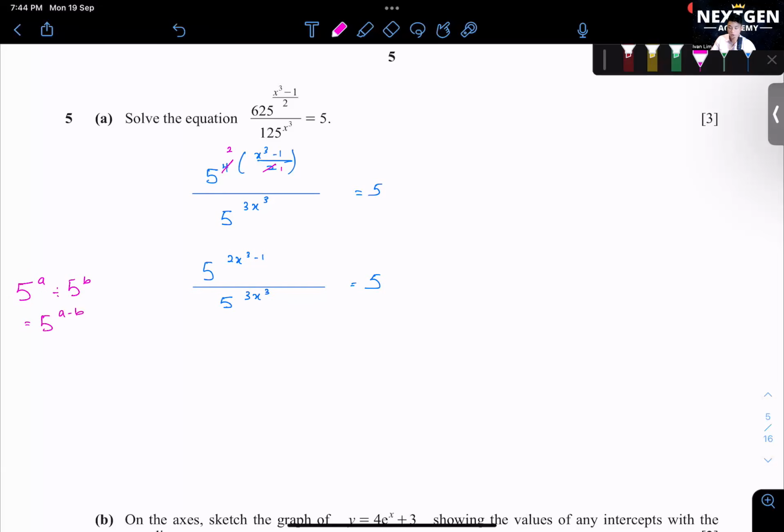We just take all the powers and minus them off. So 5 to the power of 2x cubed minus 1 minus 3x cubed equals to 5 to the power of 1. Oh, sorry. This one is 2.